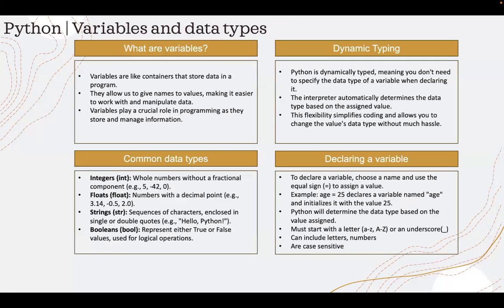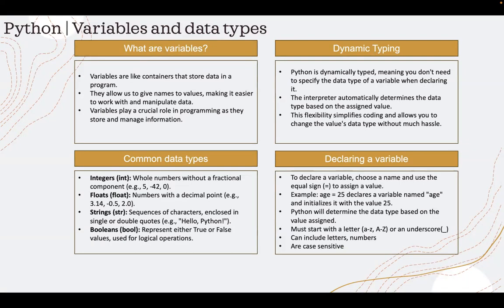They allow us to give names to values, and we'll soon see how, when we see the program, it will make more sense. It makes it easier to manipulate the data, and variables play a crucial role in programming as they store and manage information. So those are the variables.